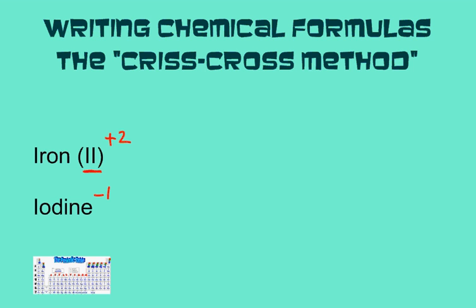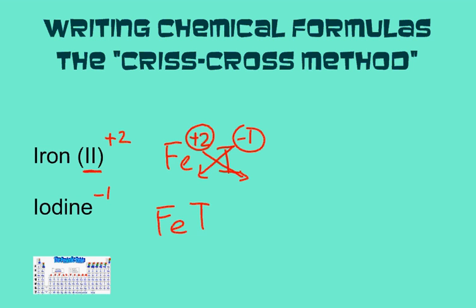If we rewrite these, positive one first, Fe +2, I -1. Now we can do our crisscross method. Fe would be 1. We don't have to write the 1 because we don't write 1 when it's a subscript. And I would be 2. So 1 atom of iron for 2 atoms of iodine.